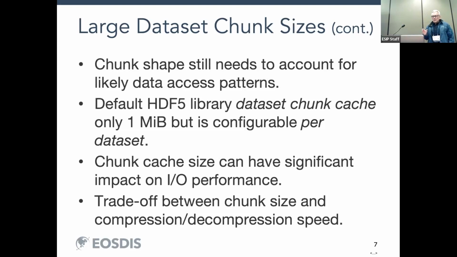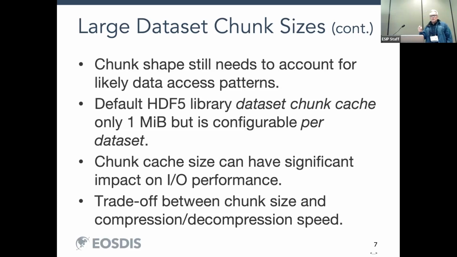A little known thing, and the reason why so many best practices, instructions, or Google web pages have various advice: the default HDF5 library dataset chunk cache is 1 megabyte, and that's why we still produce chunks of 50 kilobytes or 16 kilobytes or 8 kilobytes.